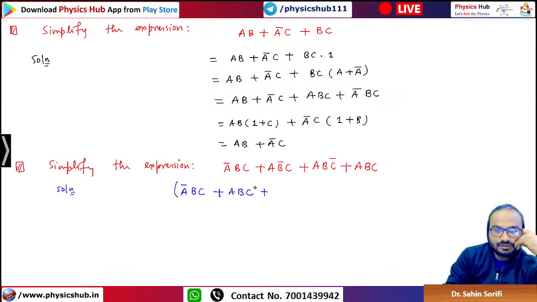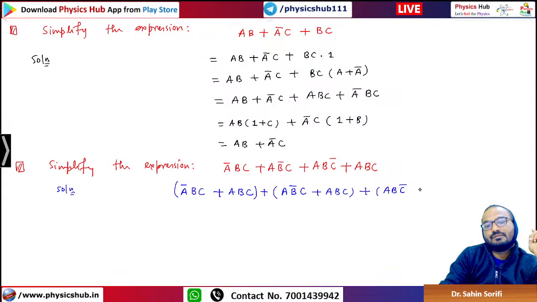Let's keep it together: A B complement C plus ABC, plus A B C complement plus ABC. Can you write it?